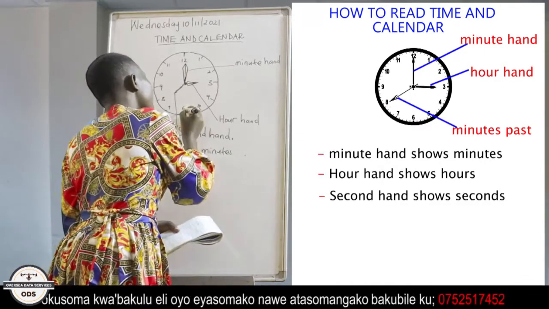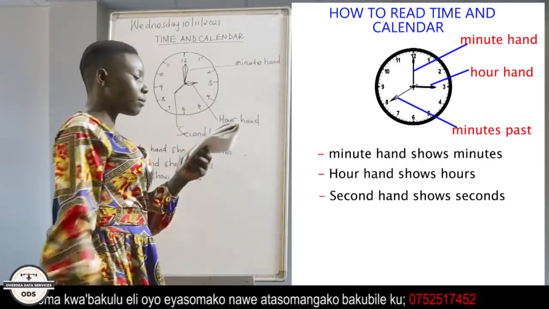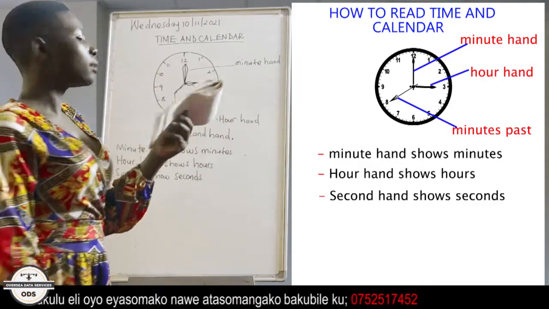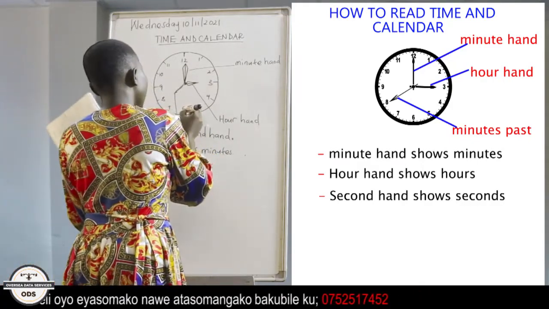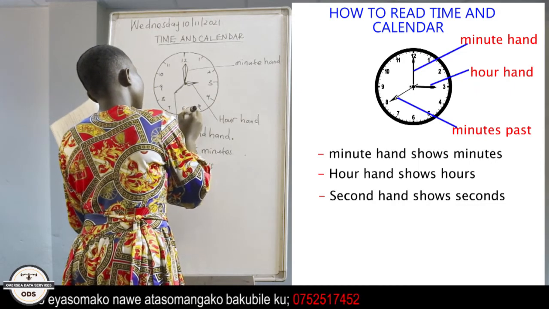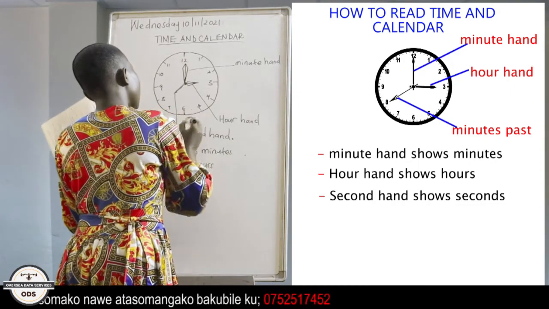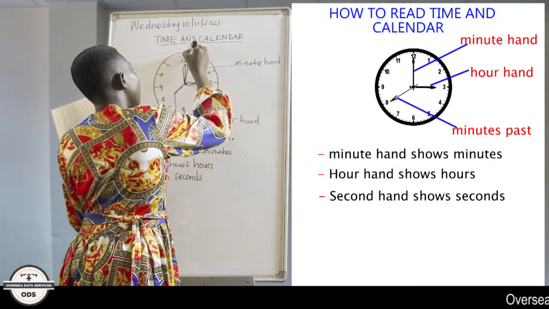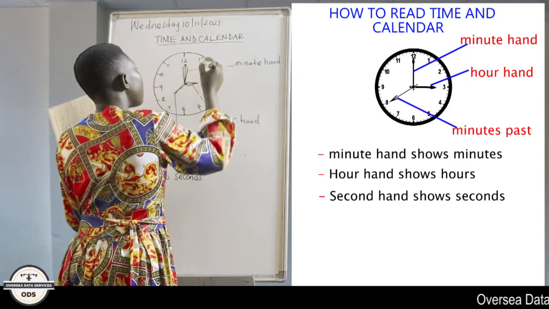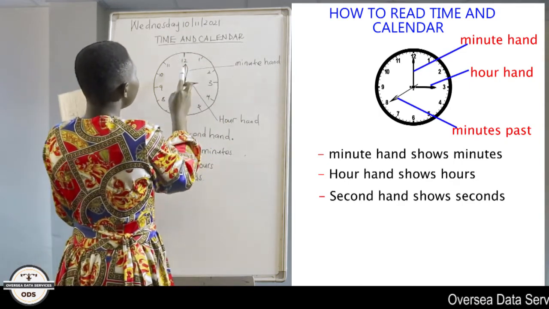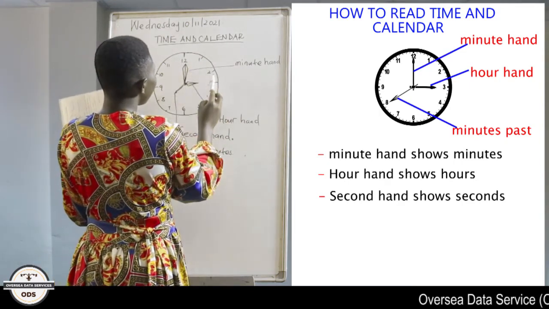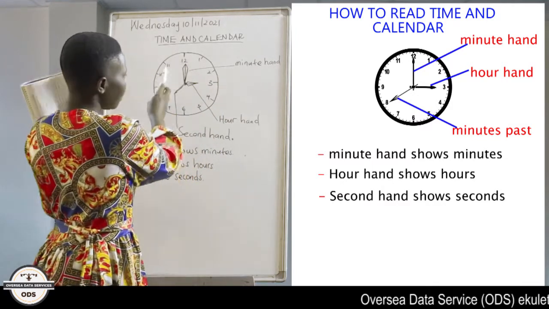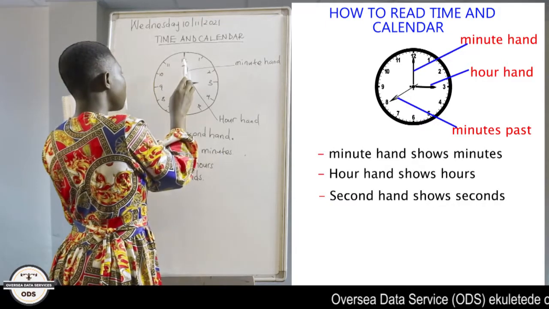Here we have morning hours, afternoon hours, and the evening hours. So let us look here. We see in our clock face, we have numbers from 12. We have 12, 1, 2, 3, 4, 5, 6, 7, 8, 9, 10, 11 to 12.